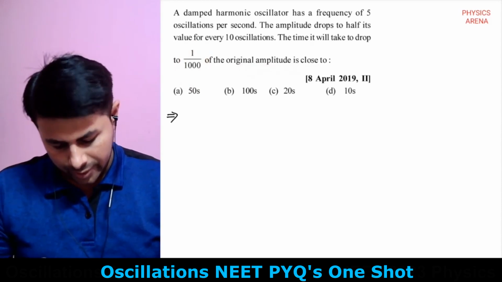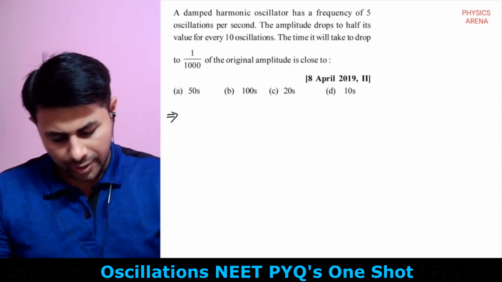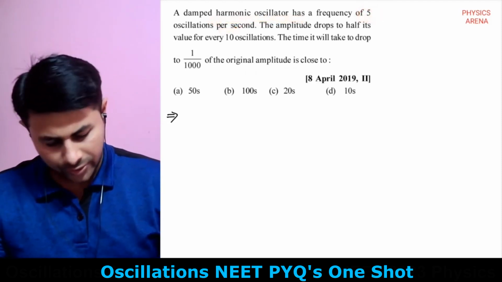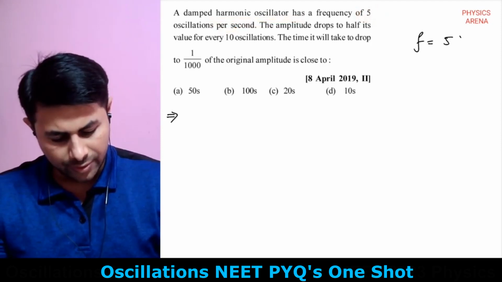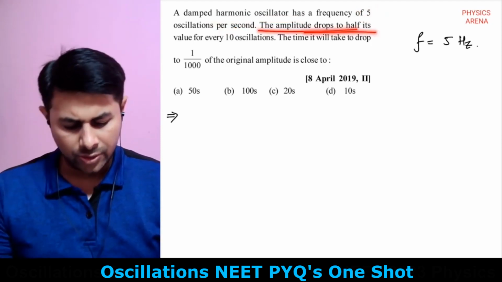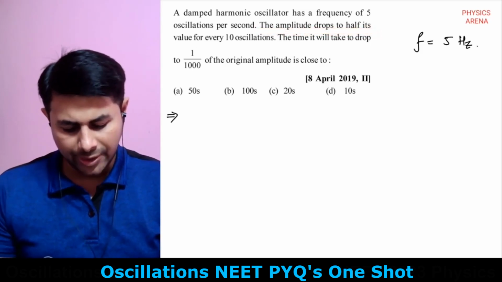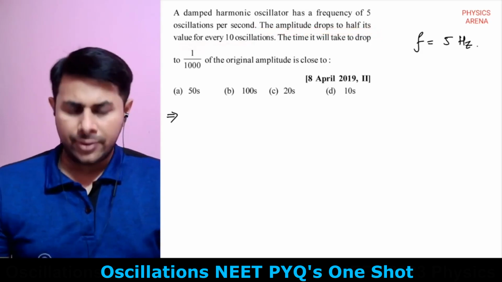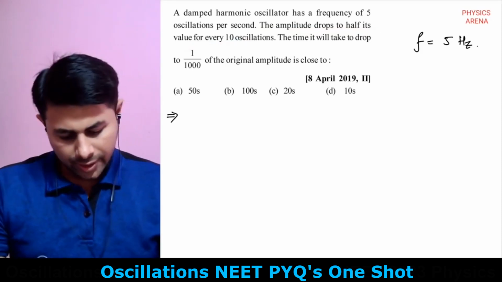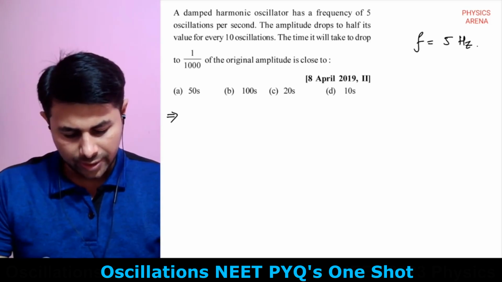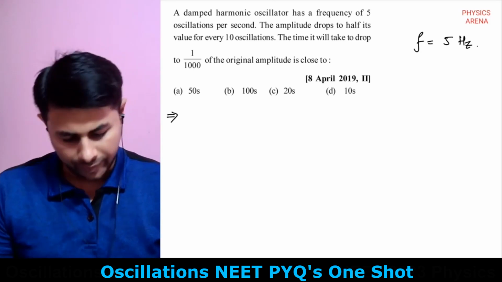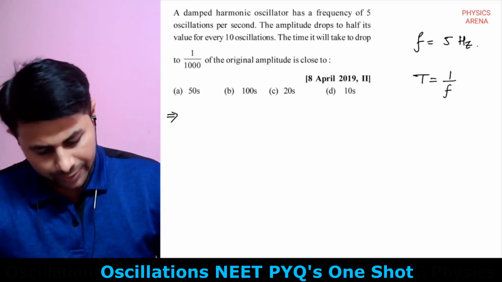So its frequency f is equal to 5 hertz, and its amplitude drops to half its value for every 10 oscillations. T is equal to 1 upon f.